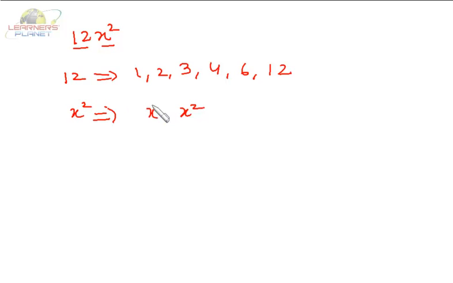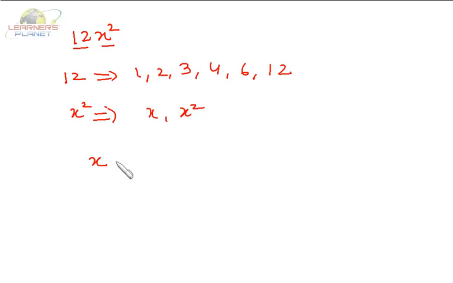Okay, so we will be getting the various combinations of factors of 12 x square. So let's write some of the examples. x into 1, that is x, will be a factor. I am writing over here the factors of 12x square now.